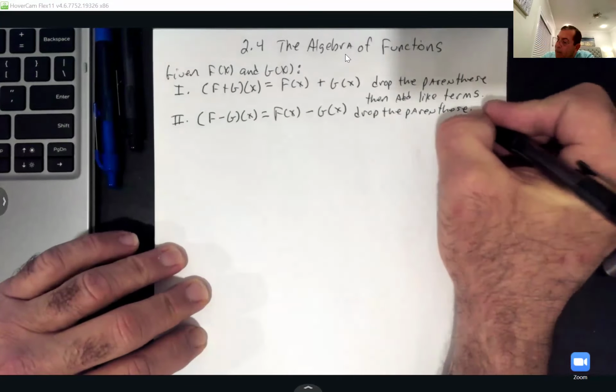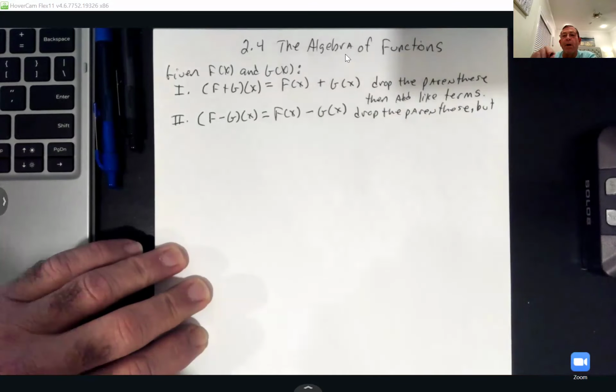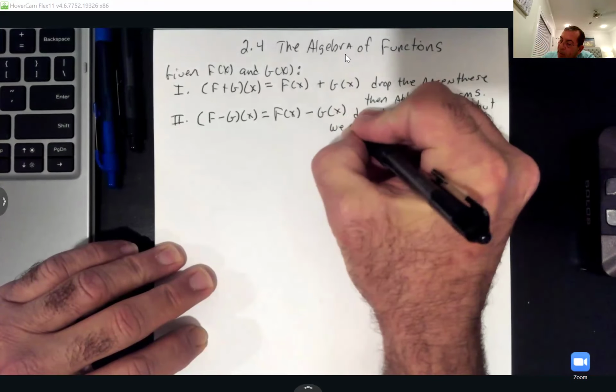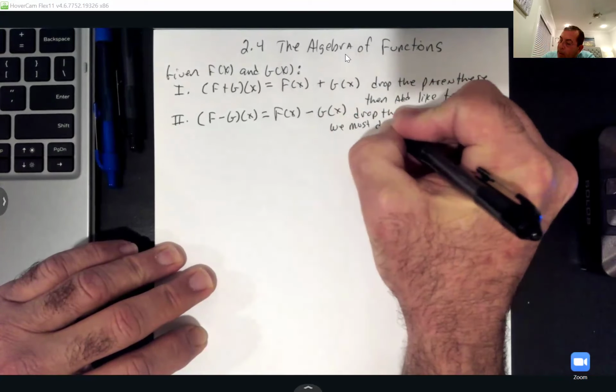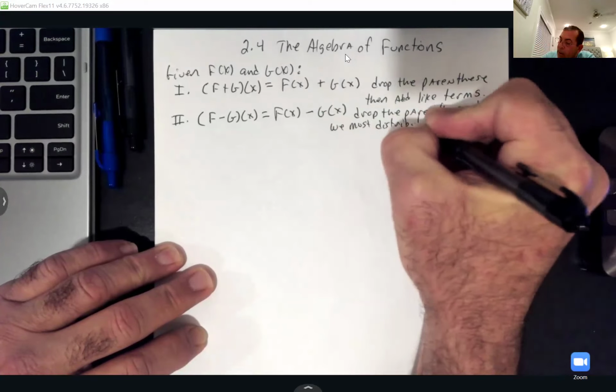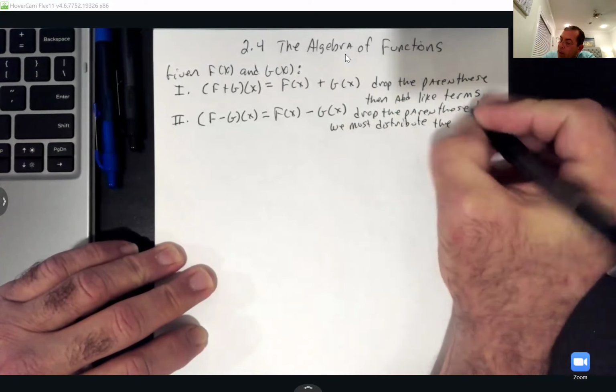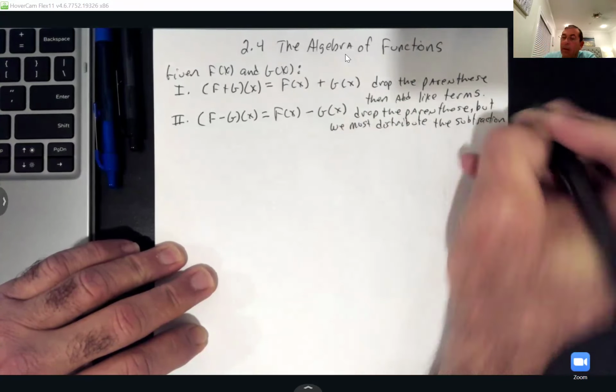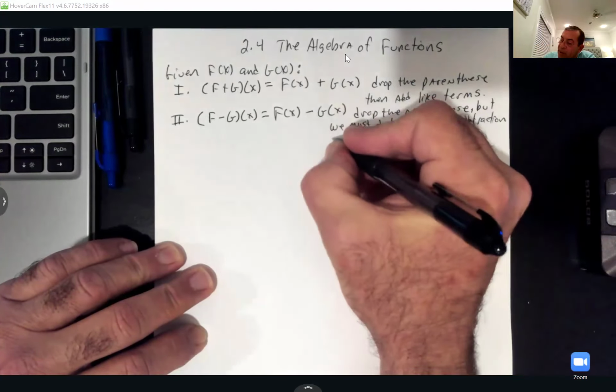But we must distribute the subtraction through the second parentheses.